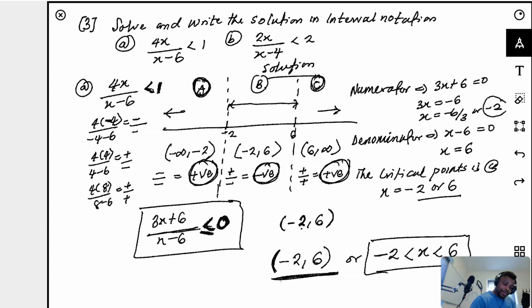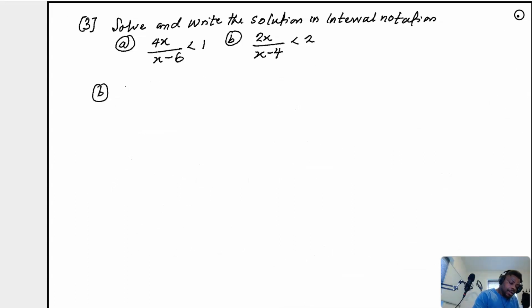So this is it. Now let's take b, 2x over x minus 4 less than 2. Remember, step 1, right hand side must be equal to 0. So let's take 2 to the other side. That is 2x over x minus 4 minus 2 less than 0.